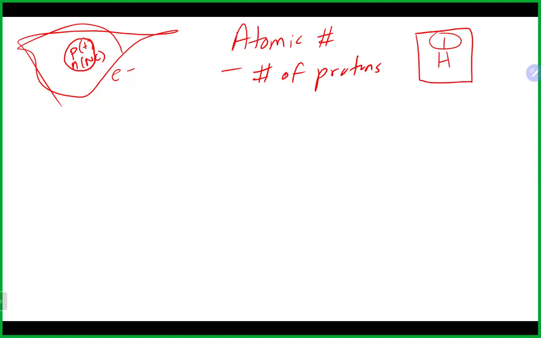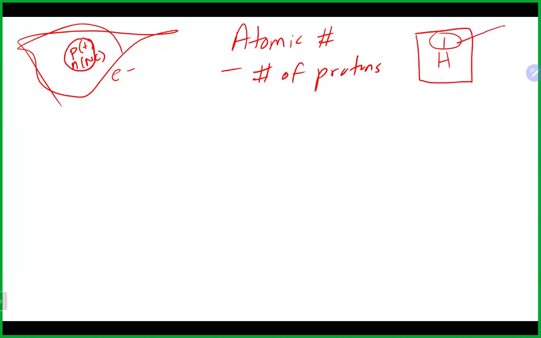But if you are dealing with a neutral atom, because it has to be neutral and protons are positive, the only other particle there that has a charge are electrons that are negative. So if you're dealing with something that's neutral and you know the atomic number and the number of protons, then you should have an equal number of electrons to balance it out to a neutral atom. But once again, the definition there is just protons.